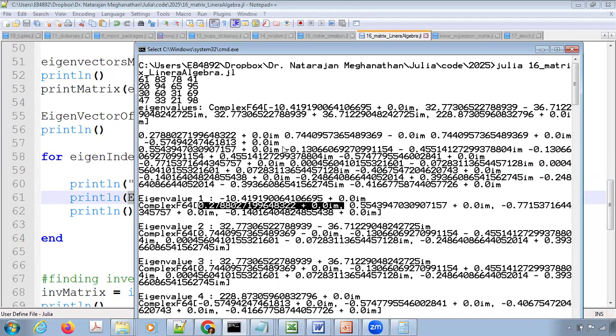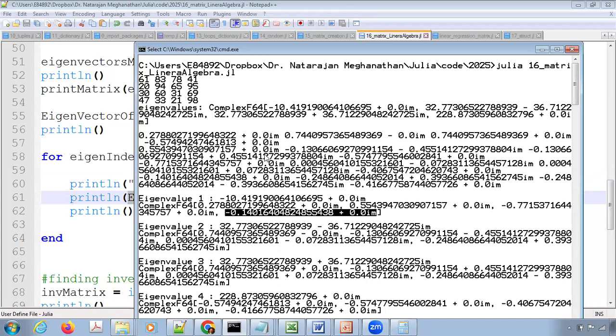Then this element, the first column in row 2, 0.554394 is included here. And then the third row, this is the first column, and that's what is captured here. And in the fourth row, this is the first column, and that's what is captured here. Okay, so capturing the first column in these 4 rows using that column vector.